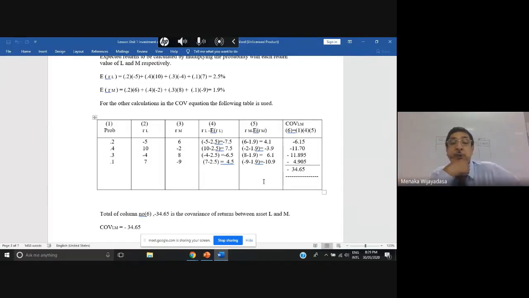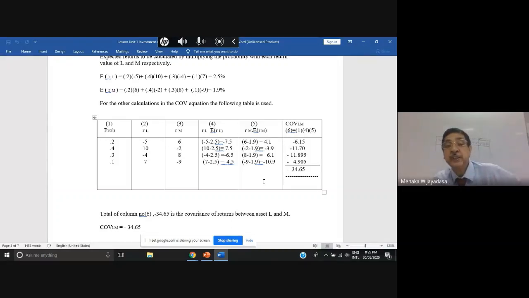Now column 4 and column 5 give the values of deviation of return of L and deviation of return of M. And in order to calculate the covariance, you multiply the deviations of RL and deviations of RM with the respective probability.